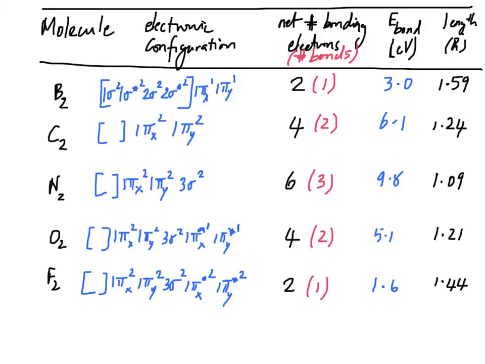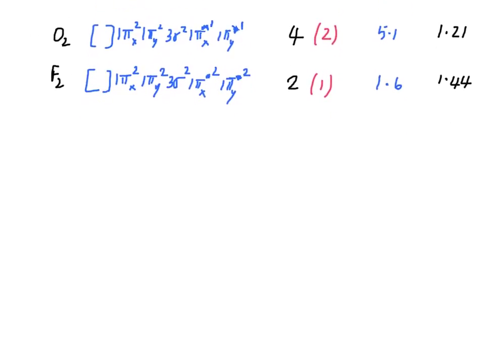And consistent with our 3s rule, N2 also has the shortest bond length. So it is the strongest bond, and it is also the shortest bond of at least these 5 cases. In fact, we can graphically show the persistence of this 3s rule. Let me do that very quickly.